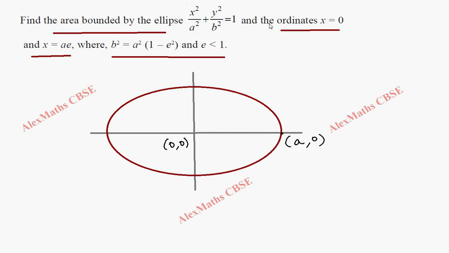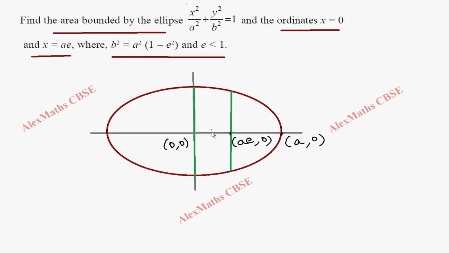Now we have to mark the boundary where the ordinate is x is equal to 0. So x is equal to 0 is this line and x is equal to ae is a line passing through the focus. So focus is a point whose coordinate is ae, 0 on the right hand side.